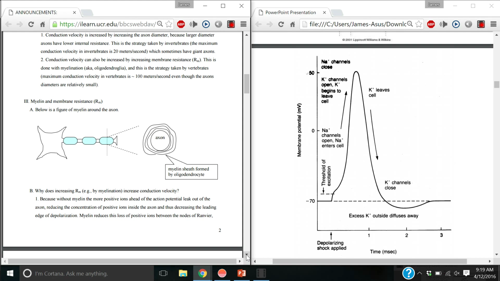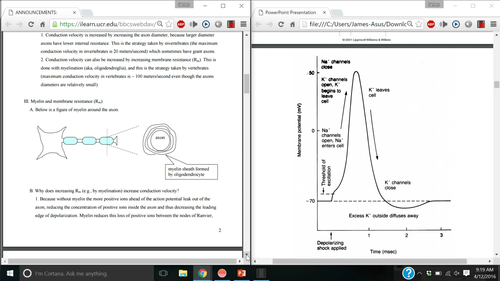If the oligodendrocytes were really, really long, there would not be enough of the sodium reaching the next node of Ranvier to cause depolarization to threshold. So the reason that the entire axon is ensheathed is you need nodes of Ranvier to recharge the axon, to recharge the action potential.